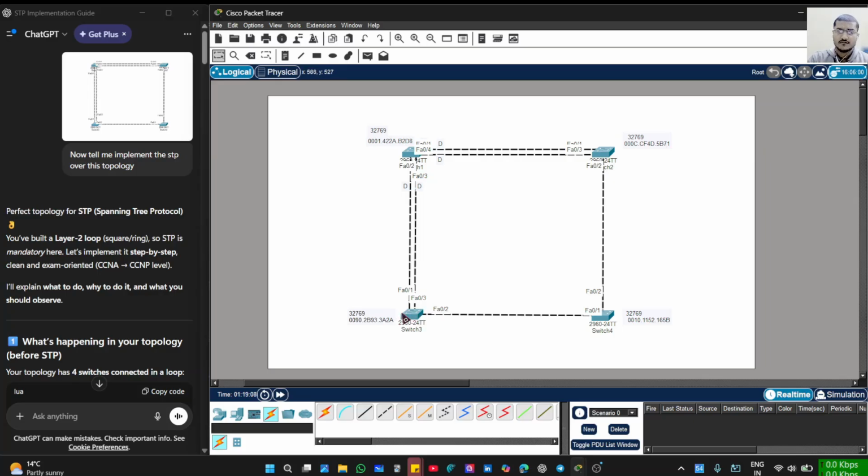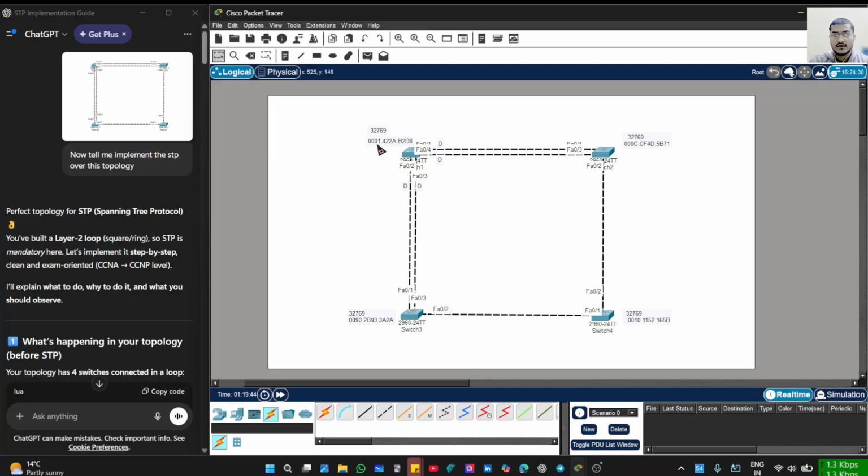So how do they decide? The switches send STP messages to each other every 2 seconds to find out who has the lowest bridge ID. Once that's done, they elect the root bridge on the basis of the lowest root ID.